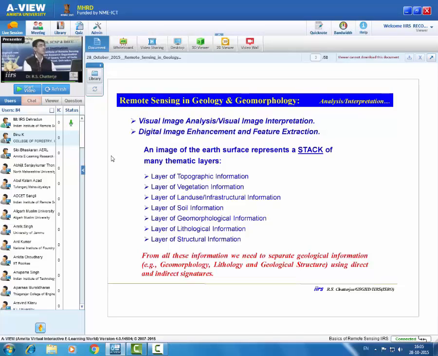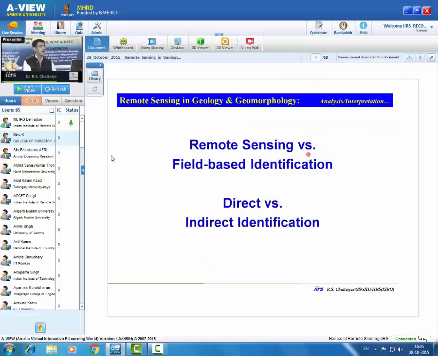Okay, so now, as we have been discussing, remote sensing and field-based information. Field-based information is very important. But what are the problems in field-based information and what are the problems in remote sensing? That should be very clear to us. First, remote sensing gives you synoptic information, a very regional, bird's eye view of the terrain.